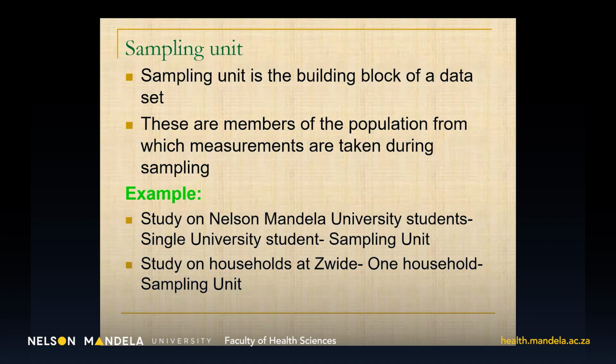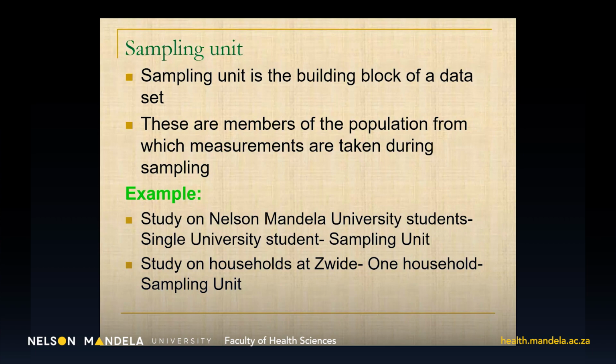Now, therefore, it means one university student is your sampling unit, is the building block. The target is Nelson Mandela University students. Your sampling unit is one university student. I'm hoping I'm making sense now.